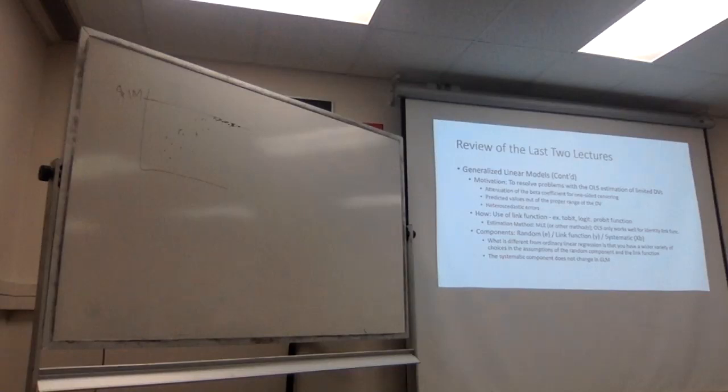If we want to analyze limited dependent variables, you need a generalization of the ordinal regression model, but why? That is the question. It is to resolve problems with the OLS estimation of limited dependent variables.